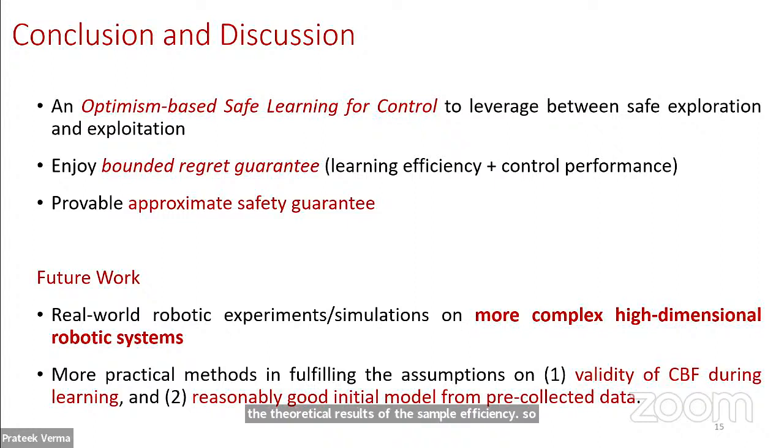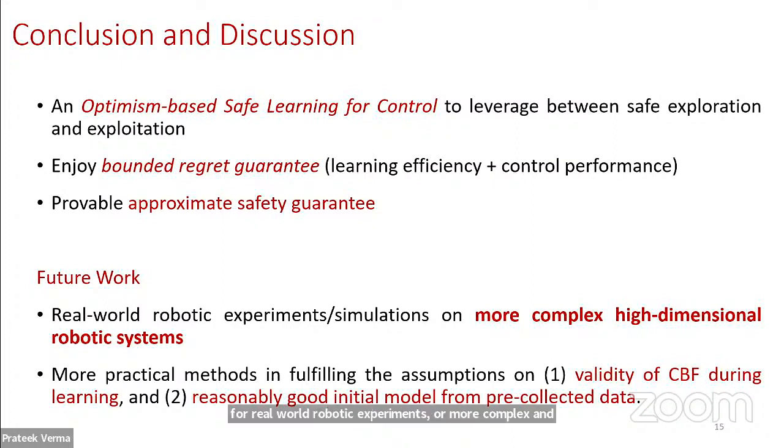Regarding future work, as you can see, the robotic examples are simple: an inverted pendulum and mobile robots simulated in MATLAB. So in the future, we're interested in how to implement this method for real-world robotic experiments on more complex and high-dimensional systems.